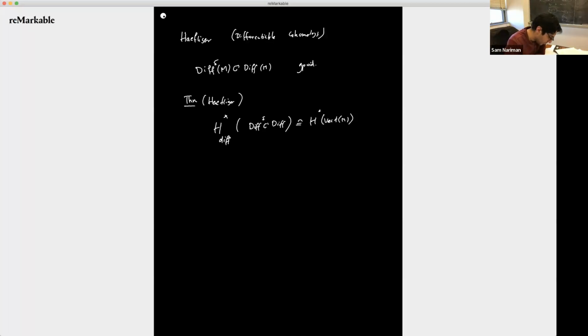So if I call this groupoid curly G, then as a remark, B curly G is homotopy equivalent to B-diff bar. So that's one theory, that gives you this isomorphism that I want.